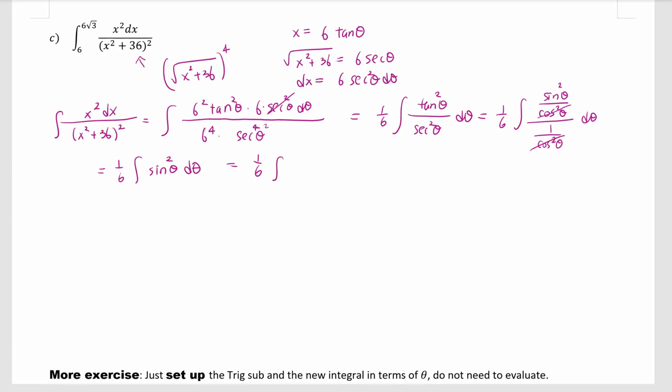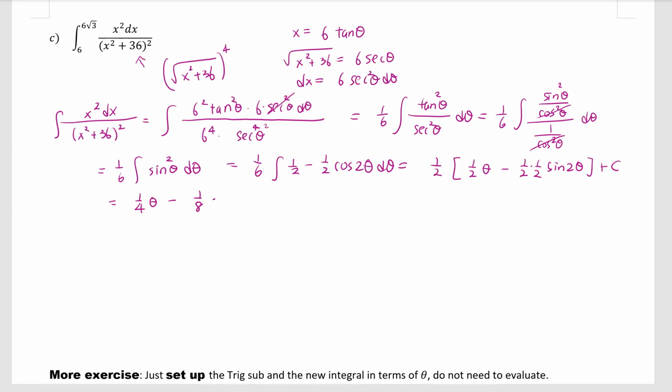Okay? So what's sine squared? Well, this is an even power, so we use the double angle formula. This is 1/2 minus 1/2 cosine 2 theta. All right, the integral of 1/2 is 1/2 theta, and the integral of cosine is sine 2 theta, also divided by 2, plus c. And then we have 1/4 theta minus 1/8.